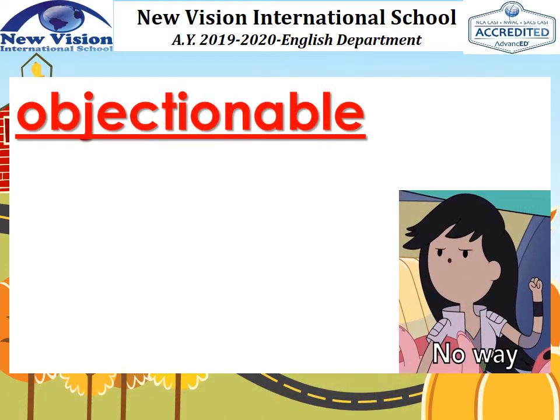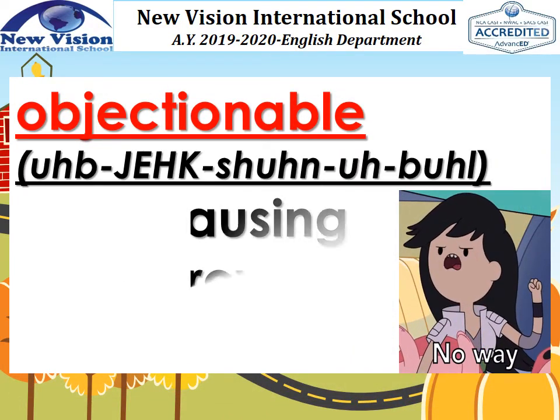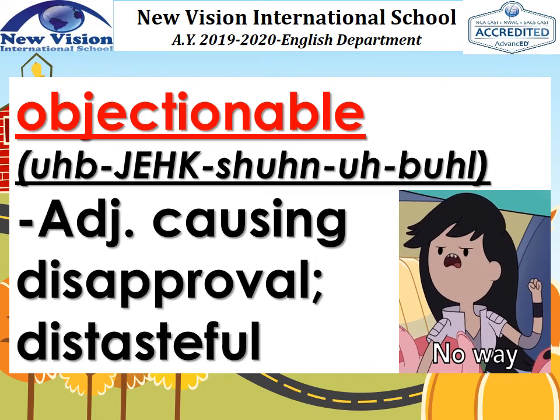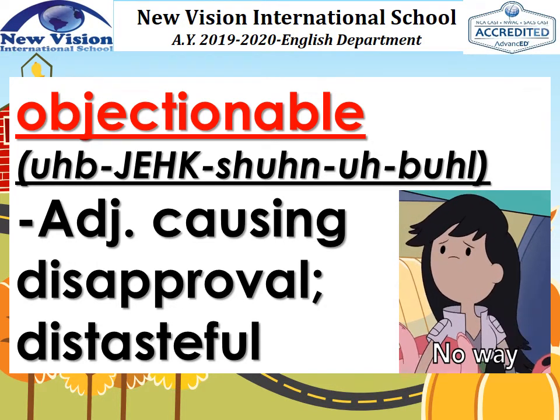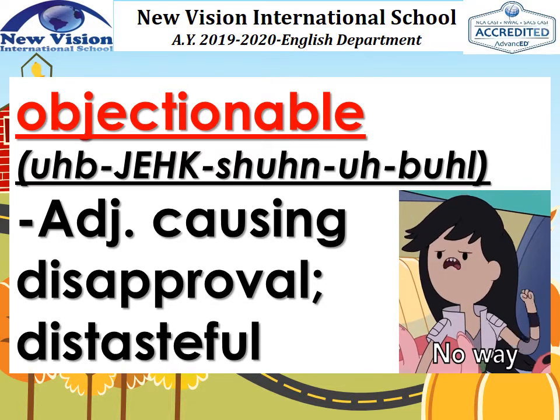For our next word, we have the word objectionable. Say, objectionable. Great. This is also an adjective which means causing disapproval or distasteful, or simply means saying no. That's objectionable.